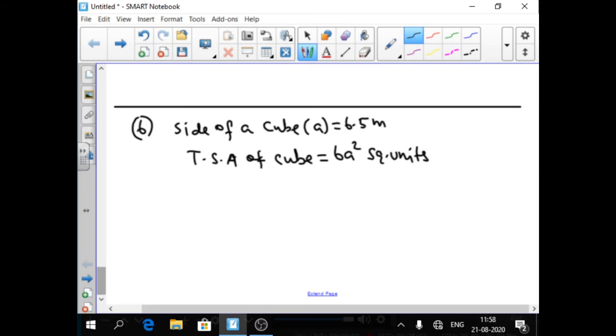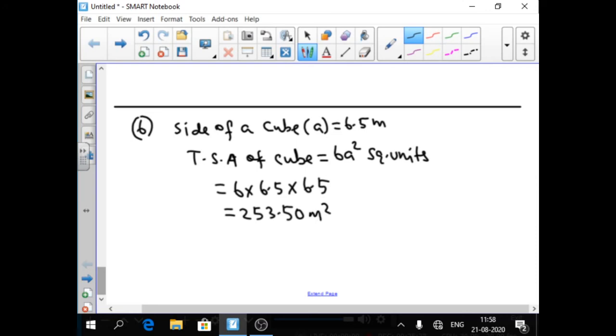So a is equal to 6.5 meter. Substitute the value: 6 into a squared, which means 6 into 6.5 into 6.5. Just multiply the values, 253.50. Meter into meter, which means meter square.